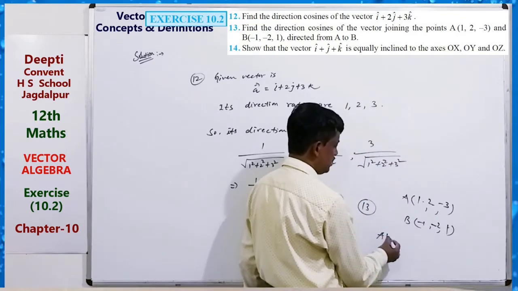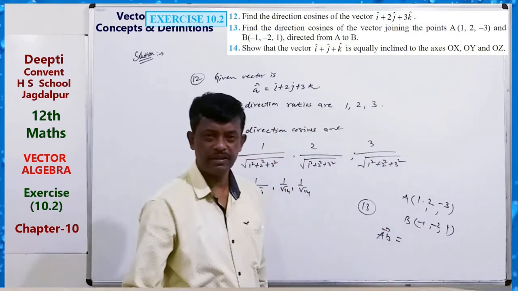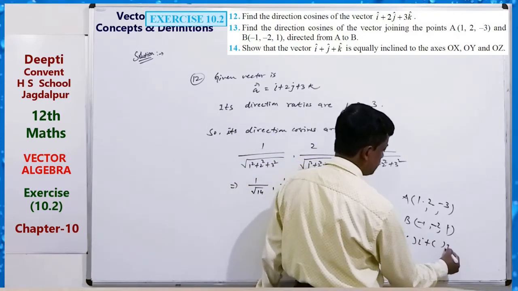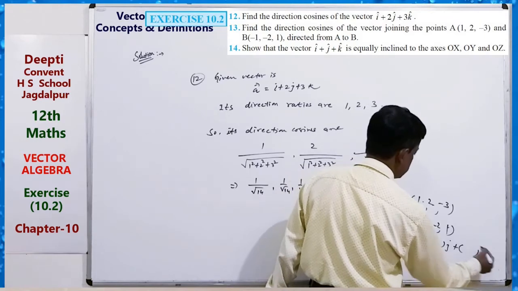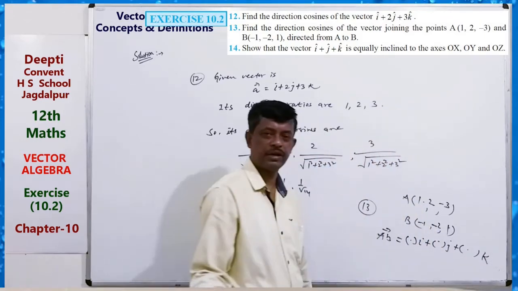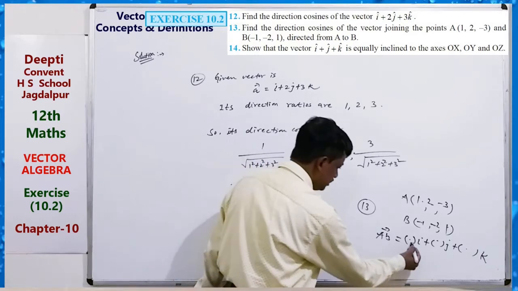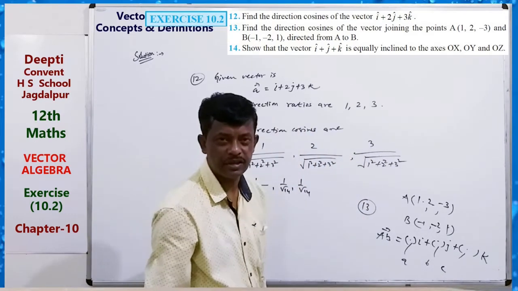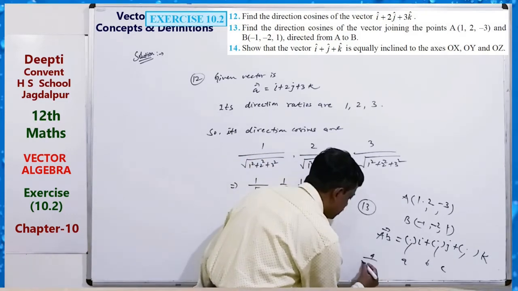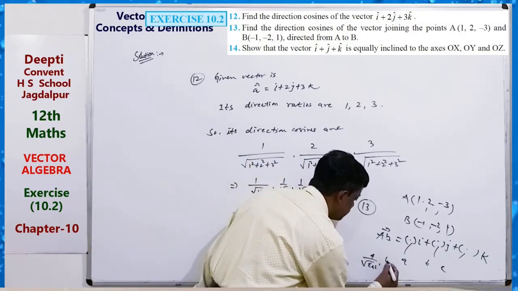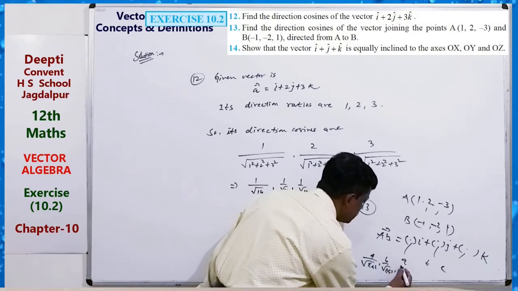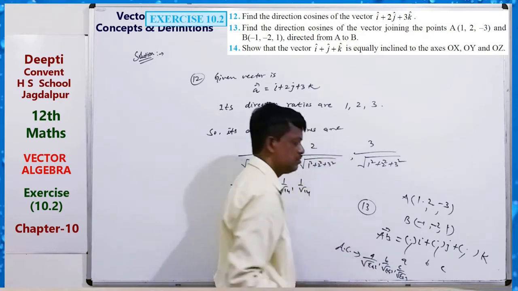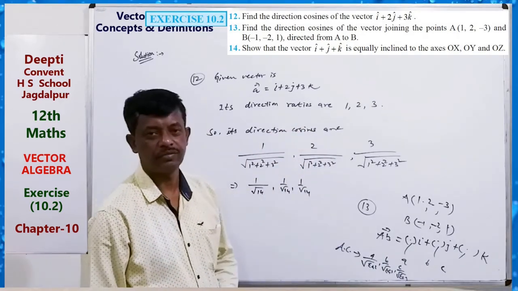Then we can write AB as a times i plus b times j plus c times k. These values a, b, c are the direction ratios, and the direction cosines will be a upon root of the sum of squares, b upon root of the sum of squares, c upon root of the sum of squares. Just find it. Okay, so do it yourself.